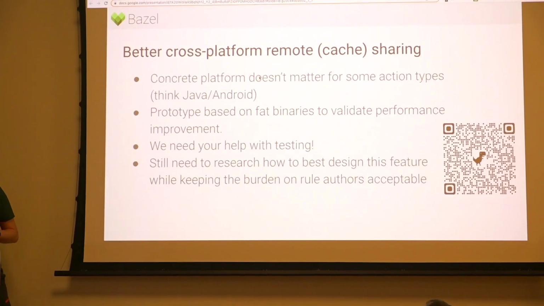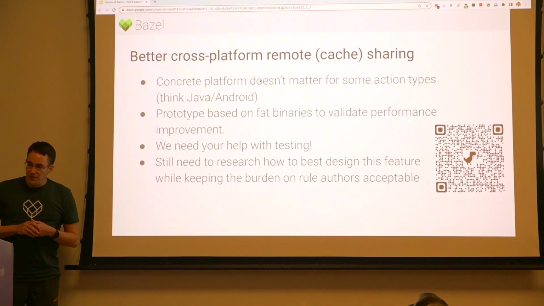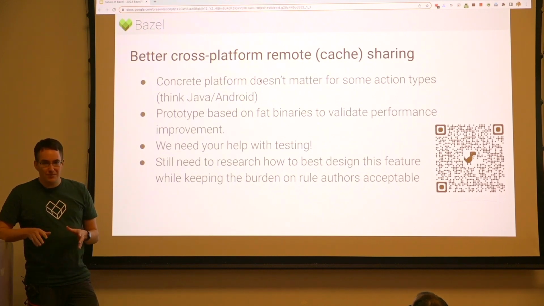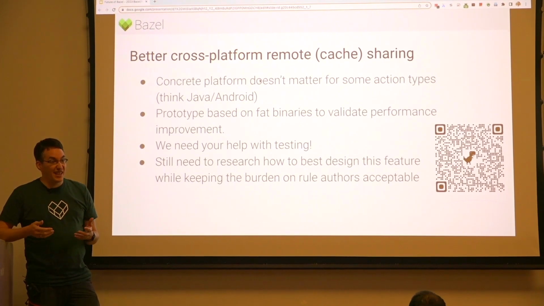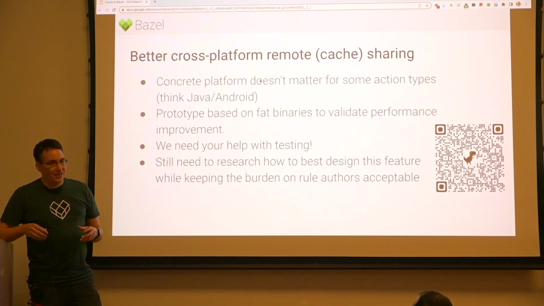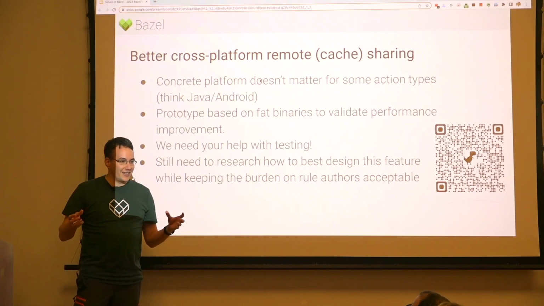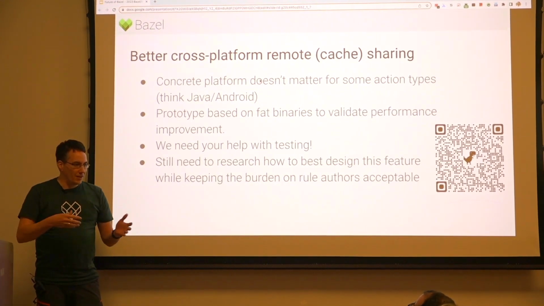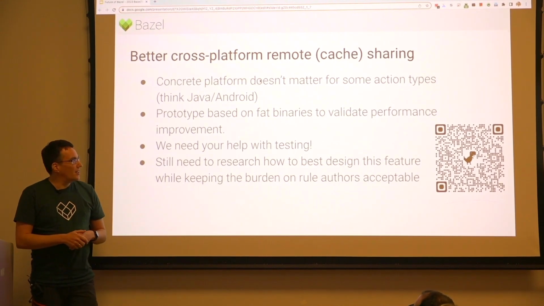So what we came up with is, well, this is really a hard problem. We first need to prototype this somehow to validate that this is actually helpful. So Tiago wrote a prototype based on fat binaries. Basically, your toolchain is 2-in-1, and then we select the right toolchain wherever the action is executed.